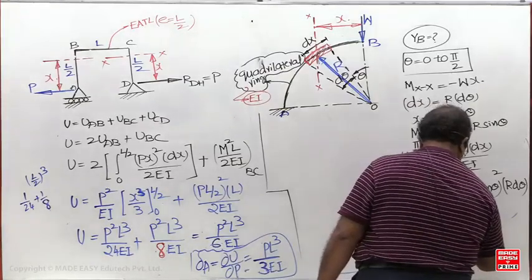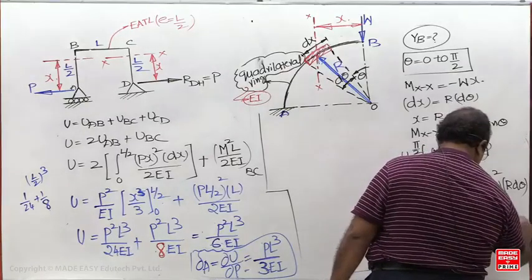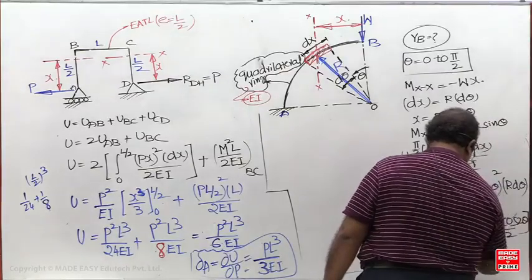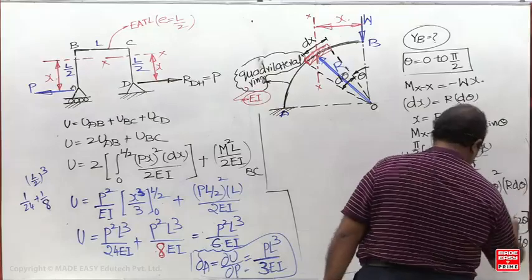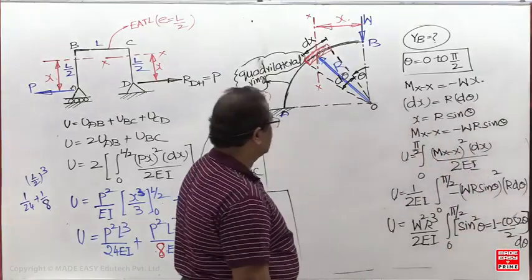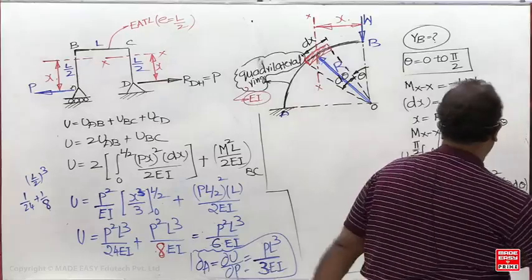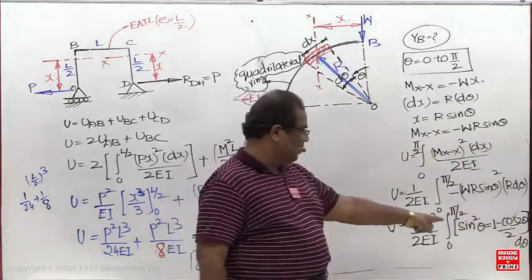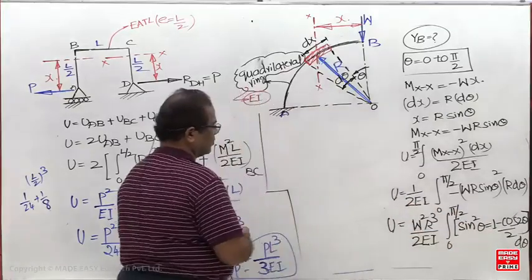Sin square theta is equal to (1 minus cos 2 theta) by 2. Sin square theta is (1 minus cos 2 theta) by 2 d theta. Do the integration.